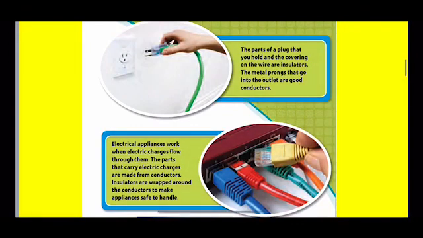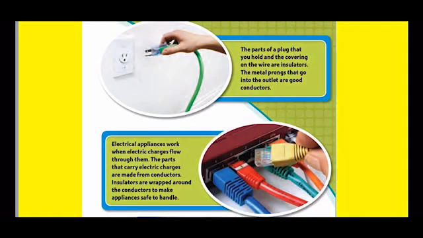Look at these two pictures. These two pictures are also about insulators and conductors. So the first one, the parts of a plug that you hold and the covering on the wire are insulators. We know that, of course, so you can use them safely.